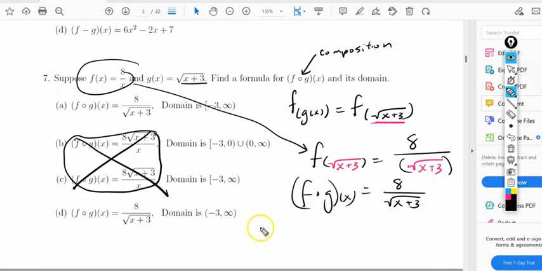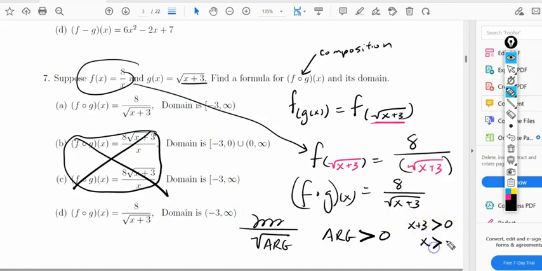Now, if you have a square root as the denominator, then the argument is strictly greater than 0. So for here, we want x plus 3 to be strictly greater than 0. Subtract 3 from both sides, and the restriction on x is strictly greater than negative 3.